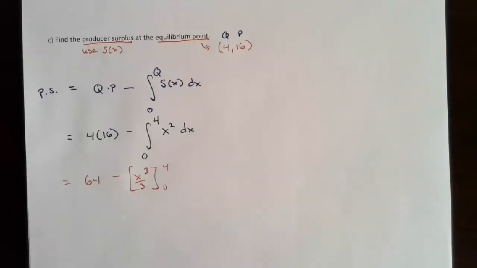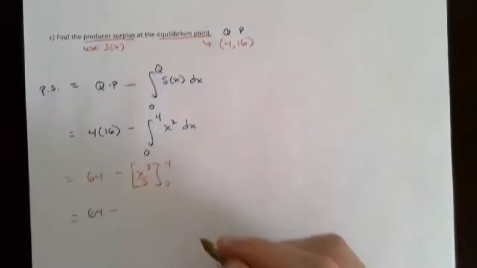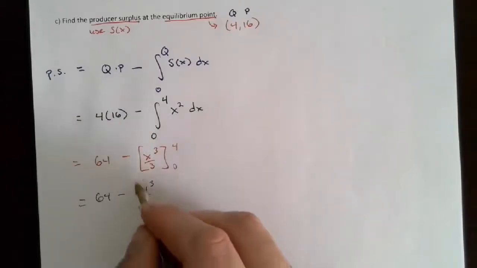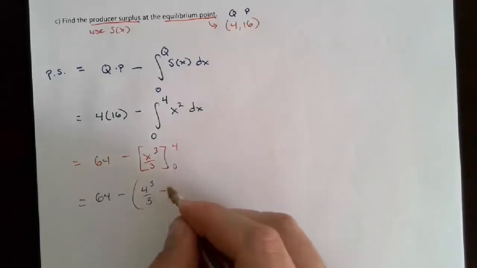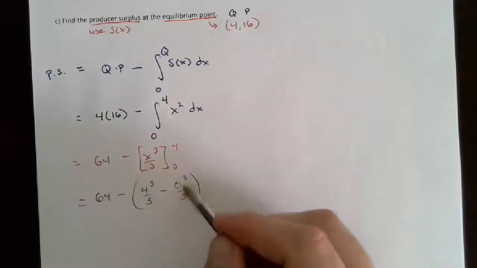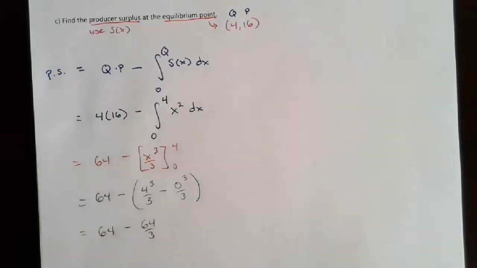And then we're going to simplify. Simplifying this gives me 64 minus x to the third, which would be 4 to the third over 3. Make sure this minus belongs to everything after this. I'm going to put minus 0 to the third over 3 here, just to make sure you understand I'm substituting in 0 as well. The 0 to the third over 3 part's just going to be 0. So I end up with 64 minus 4 to the third, which would be 64 over 3.